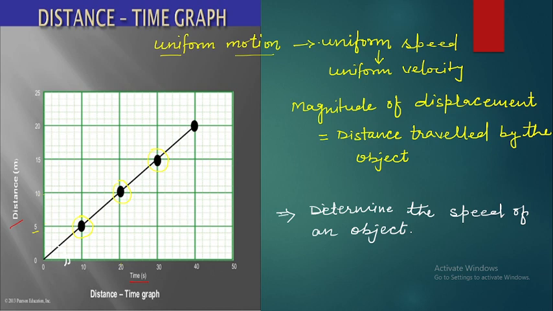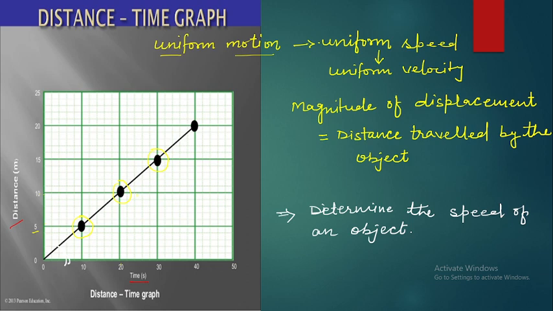This shows the distance traveled by the object is directly proportional to time taken in this graph. The portion of this graph shows that the distance is increasing at a uniform rate. So you can also use the term uniform velocity in place of uniform speed.